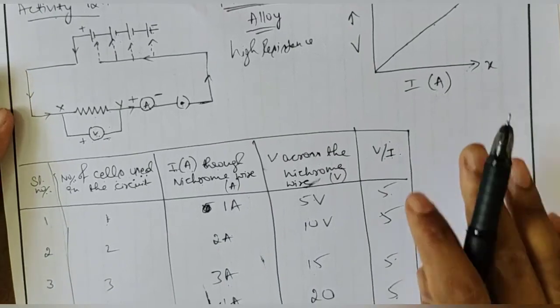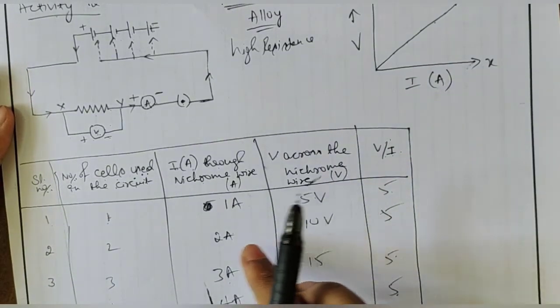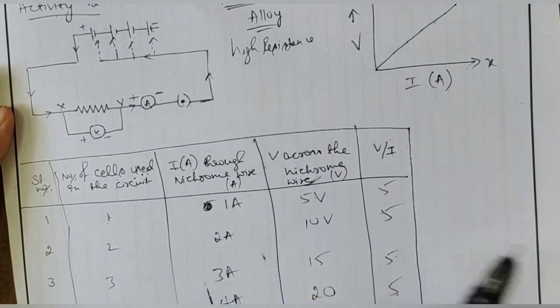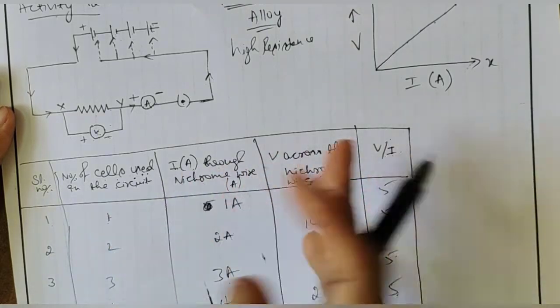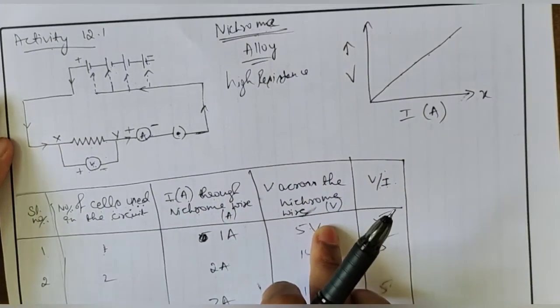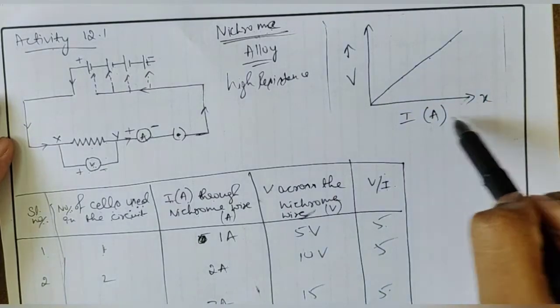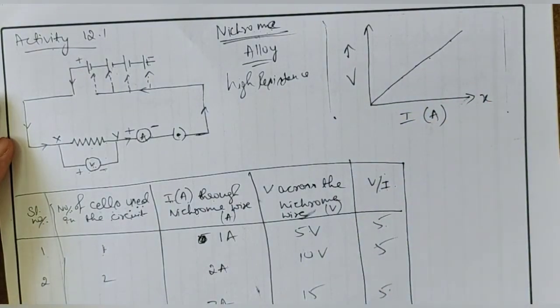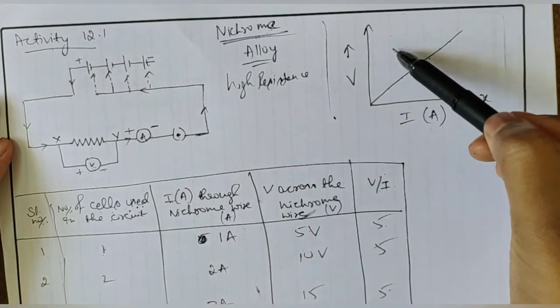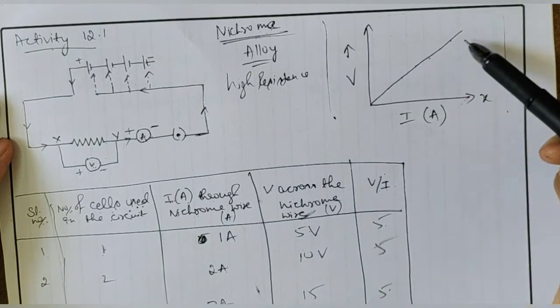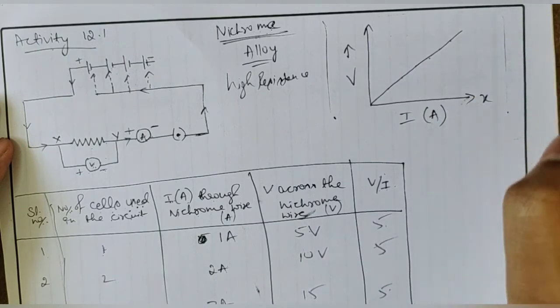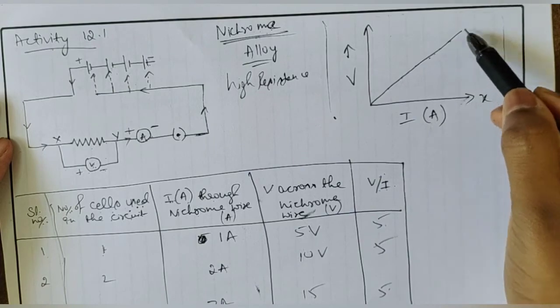If not, they will give the tabular column and leave empty places which you need to fill by looking at either side of the columns. If not, they will frame a question based on the graph. For MCQ, mainly you will get different types of lines where you need to identify. All we get from Ohm's law is nothing but a straight line.